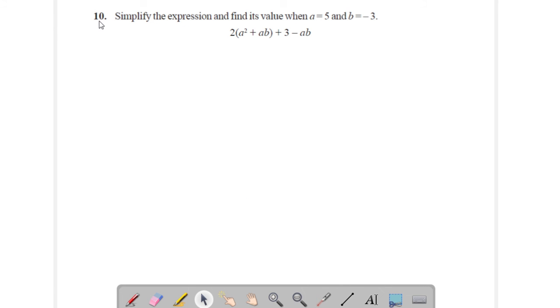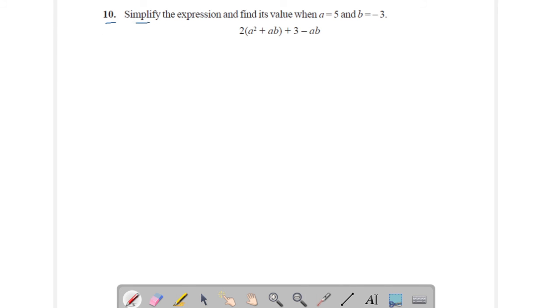Now come to question number 10. Simplify the expression and find its values when a equal to 5 and b equal to minus 3. See the solution. It is 2(a square plus ab) plus 3 minus ab.